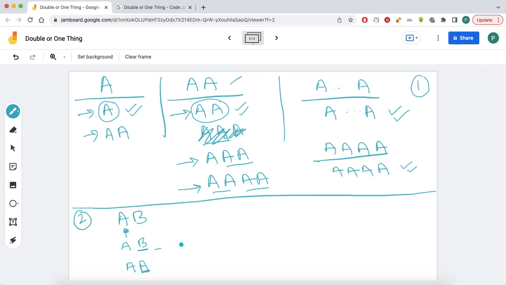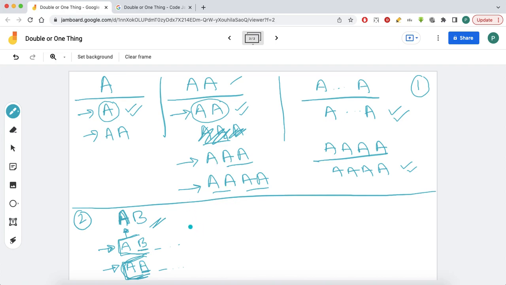And the string continues. But from these two strings, what we can see is that if we choose to repeat it, then the string starting from double A is definitely smaller than the string starting from AB, right? So if we choose to repeat the first character, then we would get a smaller string.